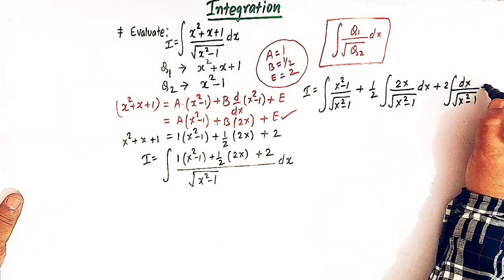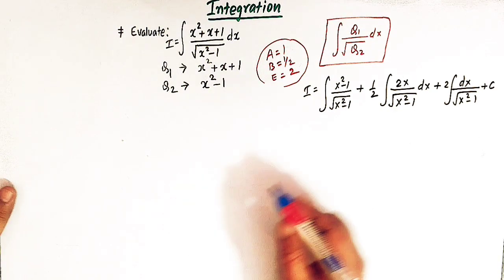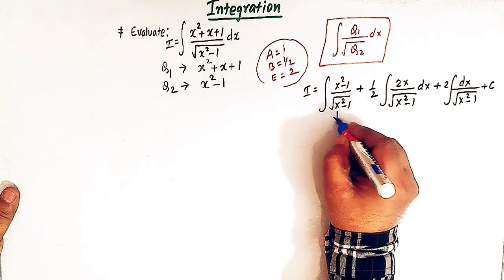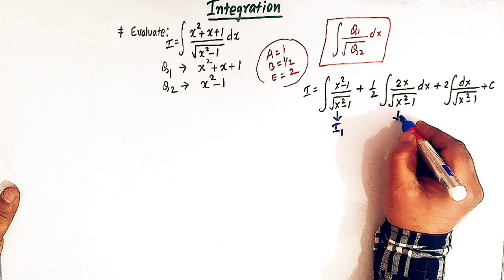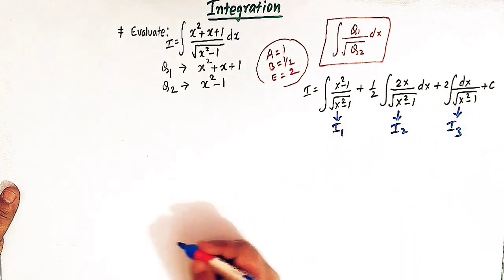And obviously we have C as the constant of integration. So now let us calculate the values of these three integrals. Let us call this I1, this is I2, and this is I3, right?